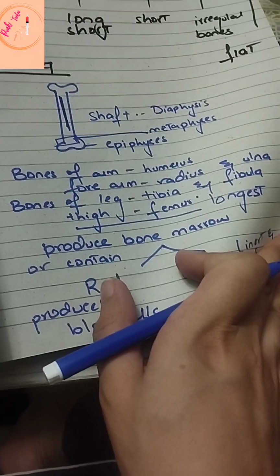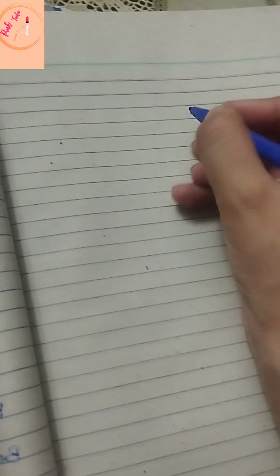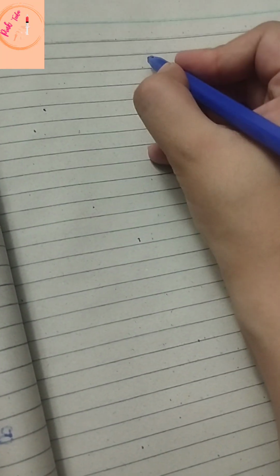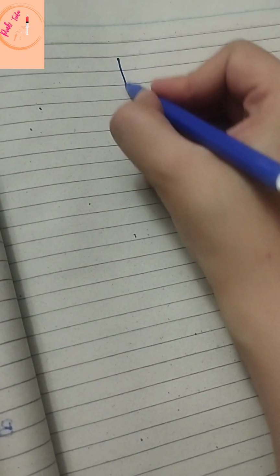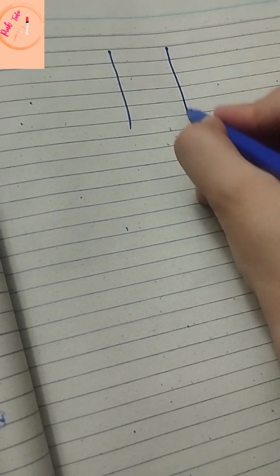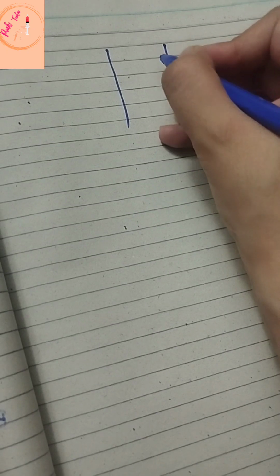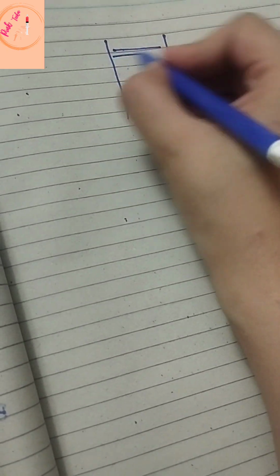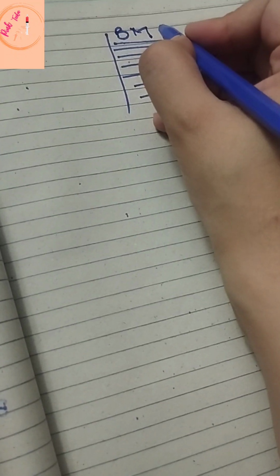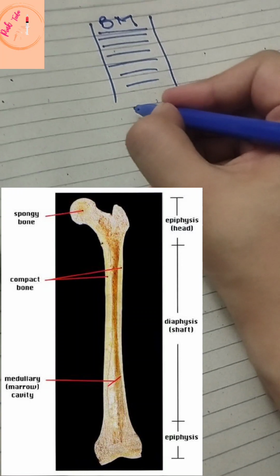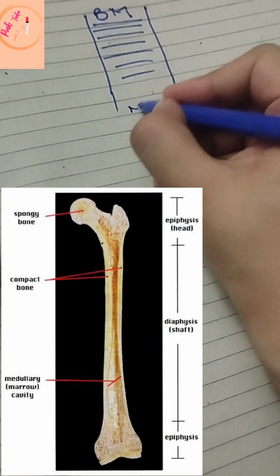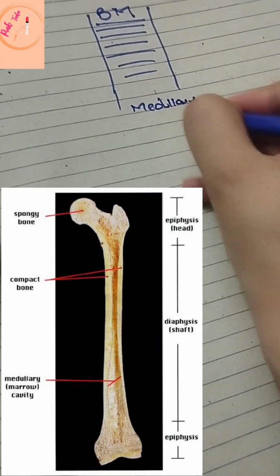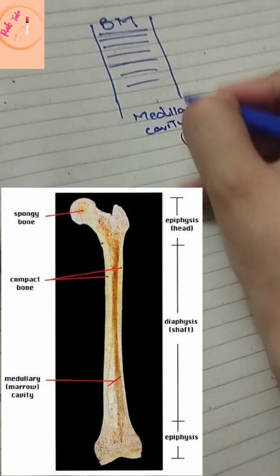To further elaborate, if you consider the shaft of a long bone, in the center of it there will be bone marrow. This is all bone marrow, and this bone marrow is found within the shaft in the center, and this part of the bone is called medullary cavity.